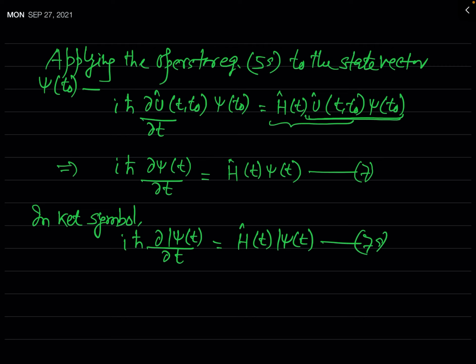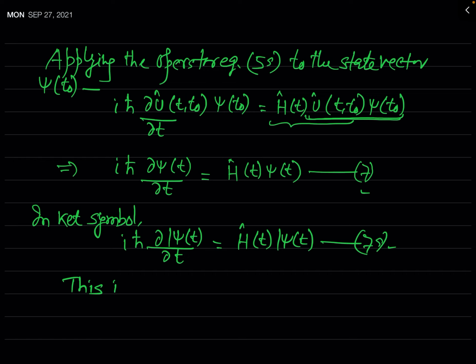You can see this is the equation of motion for the state vector psi, and popularly this equation is known as the time-dependent Schrodinger equation. Equation 7 or equation 7a, both are the same. You have already studied this equation earlier.